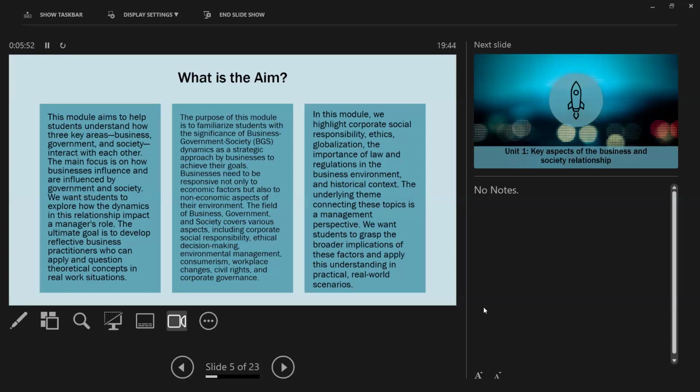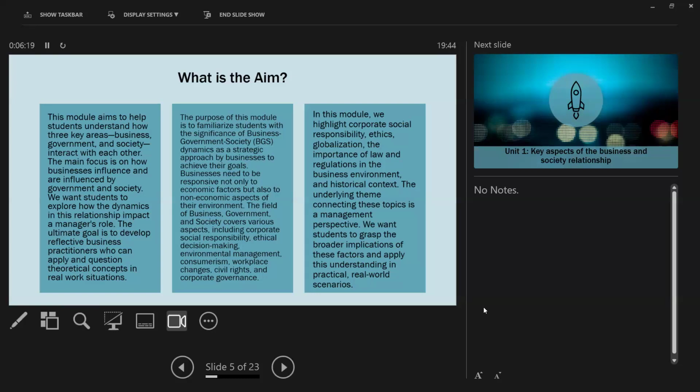The students must familiarize themselves with the significance of the dynamics as a strategic approach by business to achieve their goals. Each and every company has their goals, but they need to understand the significance of this interrelationship so that they can use it to their own advantage.